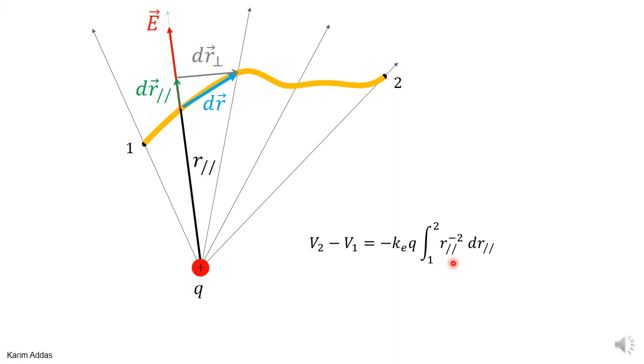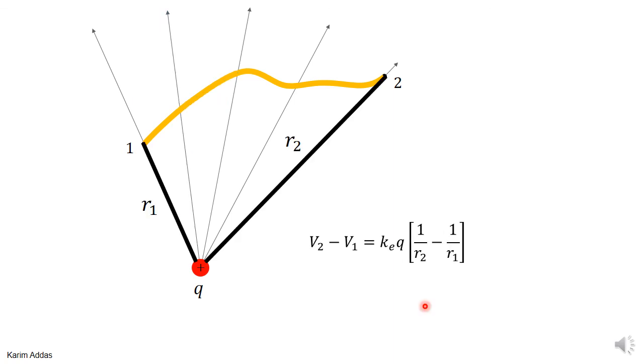So what's the integration of r to the minus 2 dr? It's r to the minus 1 over minus 1. And then you have to substitute the upper limit and the lower limit. So when you substitute the upper limit and the lower limit for r to the minus 1, which is 1 over r parallel, you get 1 over r2 minus 1 over r1.